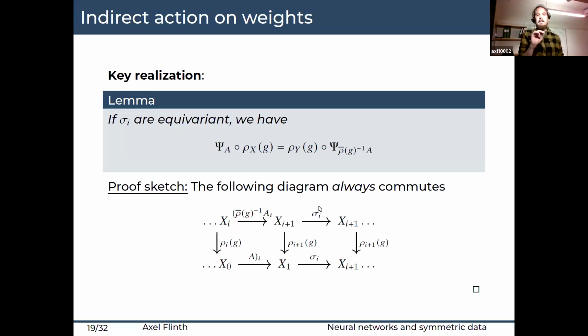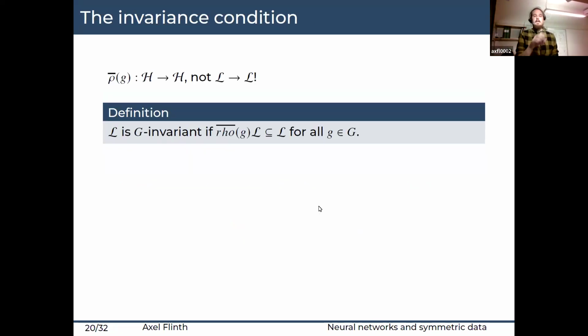And now things get interesting. Transforming the data corresponds somehow indirectly to transforming my weights. However, this lifted representation is a map from H to H. It takes a set of linear maps in the ambient weight space and gives me something that is in the weight space.